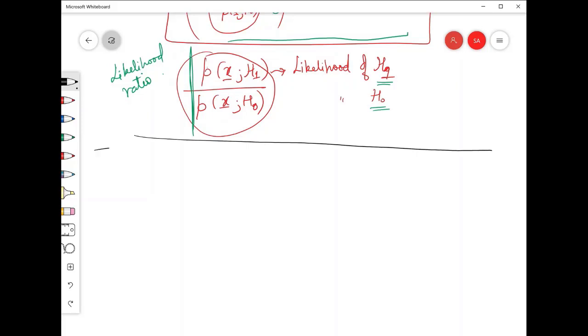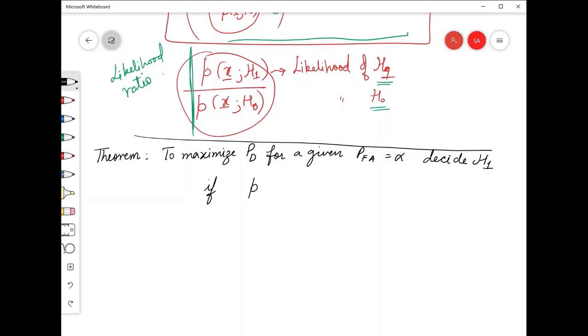The theorem statement: to maximize PD, the probability of detection, for a given PFA equal to alpha, decide H1 if probability of x given h1 divided by probability of x given h0, the likelihood ratio, is greater than gamma, or let me write it lambda.